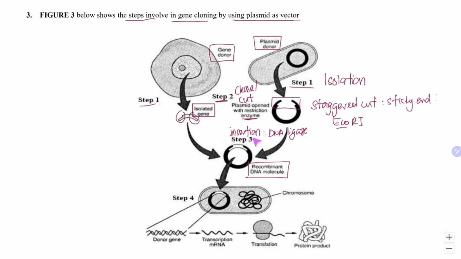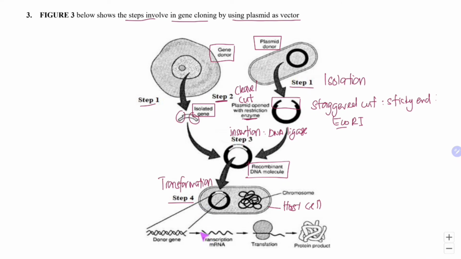So after insertion mestilah transformation, iaitu kita nampak the recombinant DNA is being inserted into the bacteria cell iaitu host cell. So step number 4 ni merujuk kepada transformation.